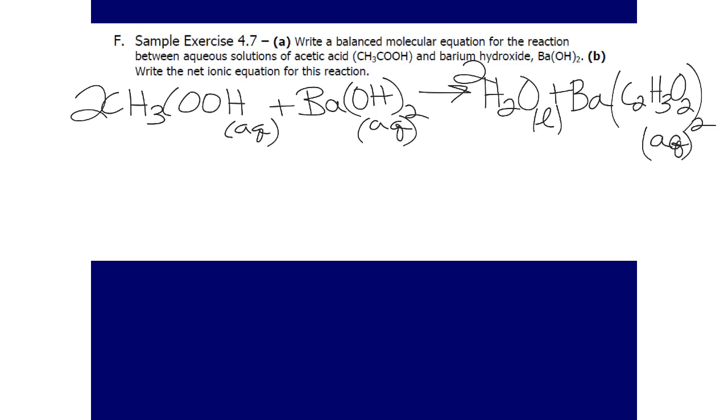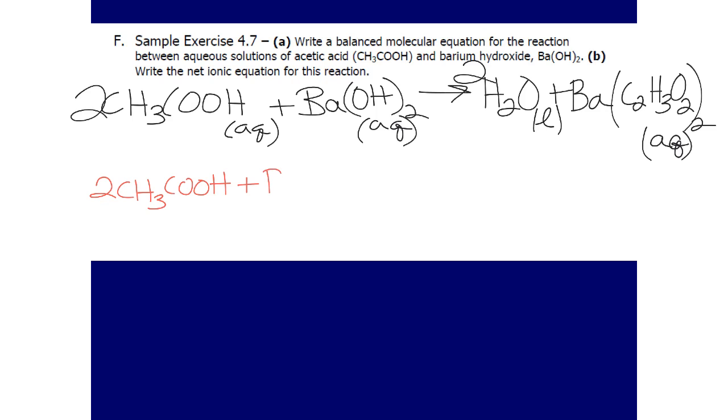So we have to think about what we split apart and what we keep whole. We split apart our 7 strong acids, 8 strong bases, and soluble ionic compounds. Acetic acid is not one of our 7 strong acids, so we keep acetic acid together because acetic acid only ionizes slightly, not enough for us to show that in a net ionic reaction, because in a net ionic you're talking about what's happening to the majority of the particles, and the majority of the particles of acetic acid stay together.